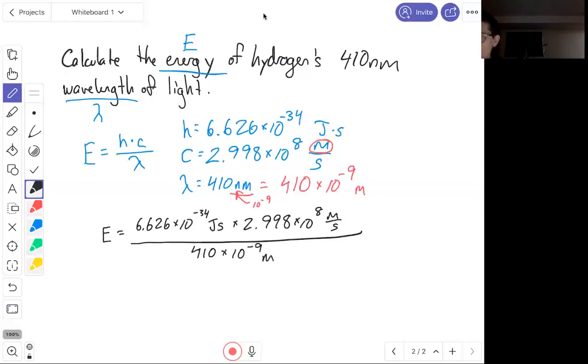Now, if I remember correctly, on the lab itself, I put a period right here, a decimal. So this should be 3 sig figs when I do this.